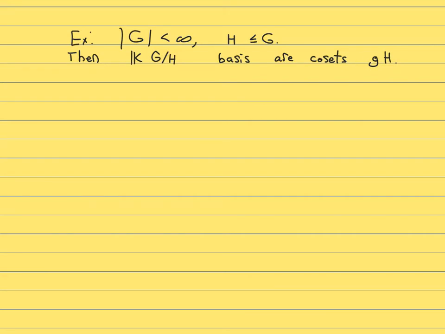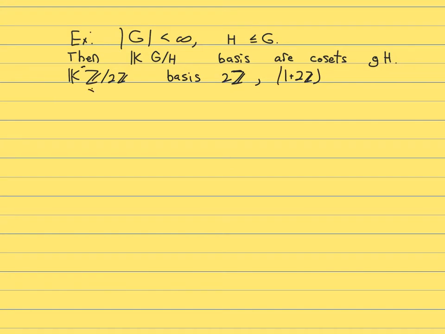So for instance, let me do the simplest example. H is Z mod 2Z. Admittedly, this is kind of cheating because this is also a group, but this is going to have a basis. The cosets are 2Z and 1 plus 2Z.